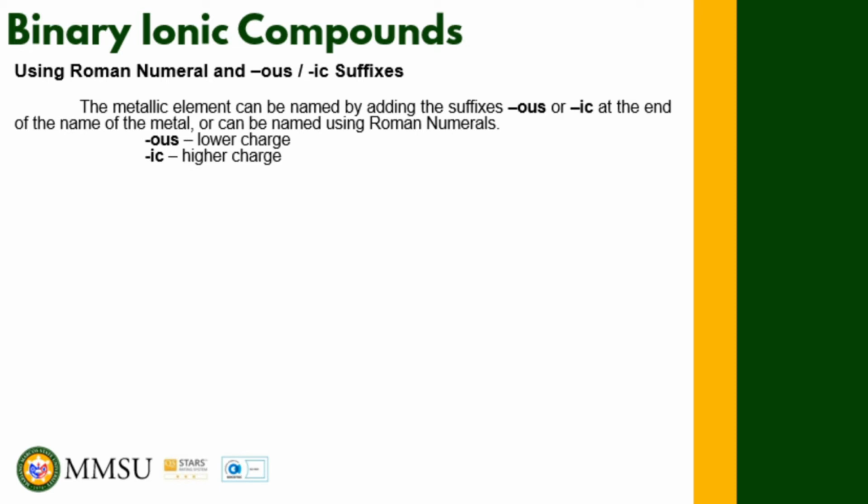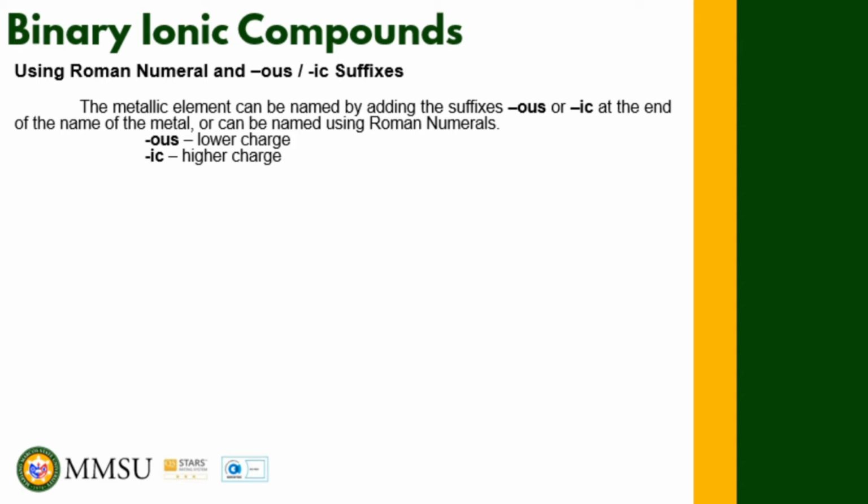Like our copper, we have Cu positive 1 and then Cu 2 positive. So, for Cu positive 1, it is cuprous, or in Roman numerals, copper, open and close parenthesis 1. So, for copper 2 positive naman, we have cupric, or copper, open and close parenthesis 2.